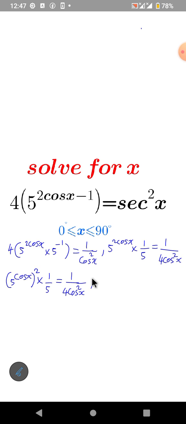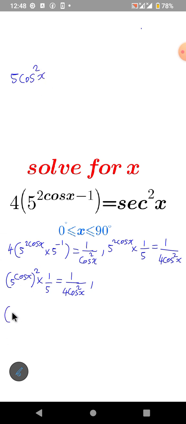We continue again. My next step now will be to multiply both sides of this equation by 5 cos square x. So right now, let me write this first.